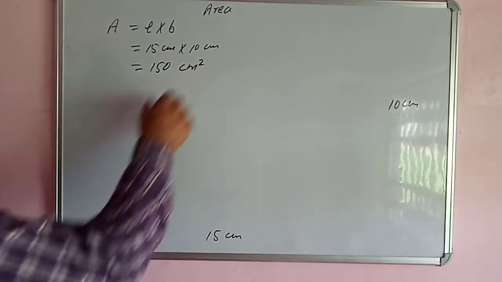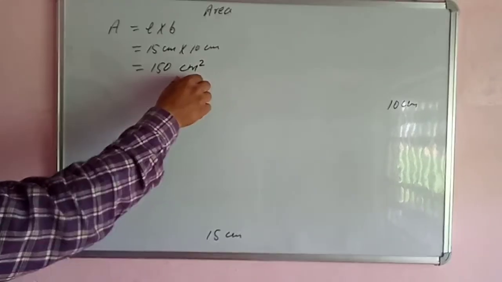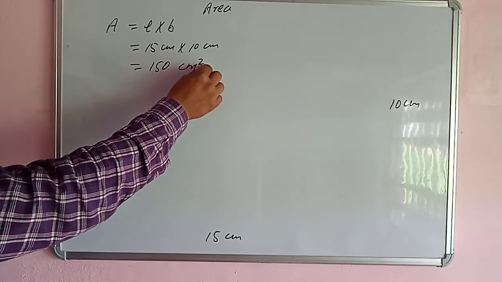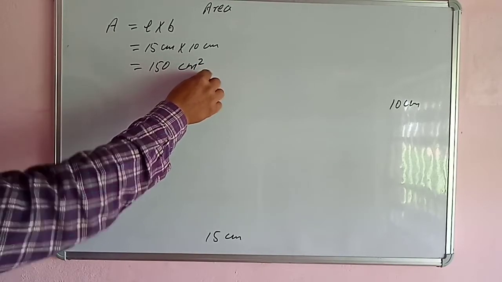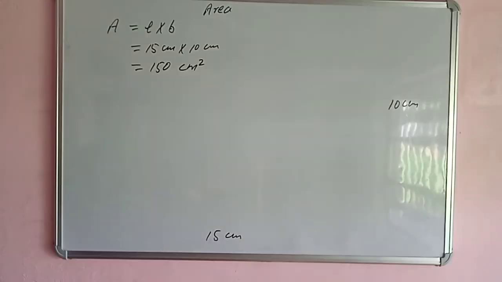We can use the word square centimeter or centimeter square. Square is the standard unit of area. If it is given in meter, we will write square meter. If the length and breadth are given in centimeter, we will use square centimeter.